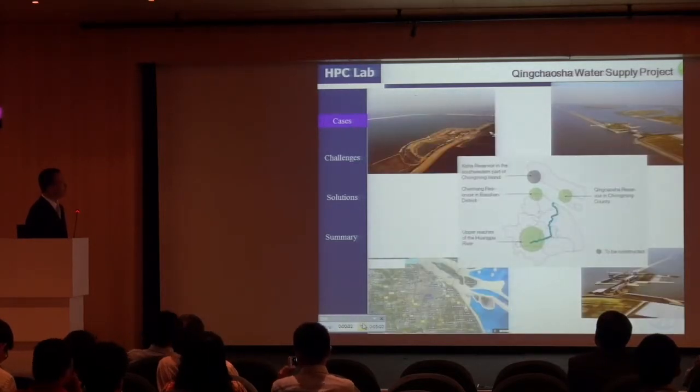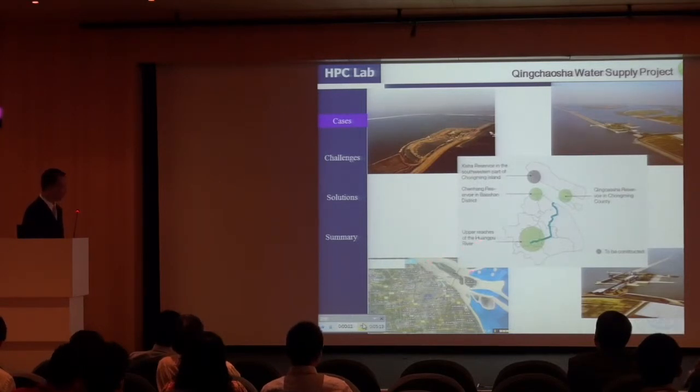And for urban construction, this slide shows the water supply project happening in Shanghai, at the mouth of the Yangtze River. To supply clean water for the people living there, more than 25 million, a huge reservoir should be constructed here.